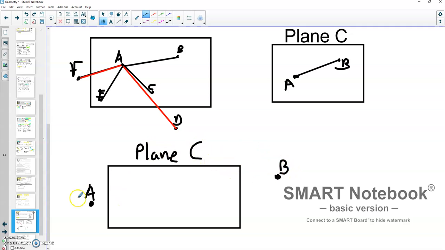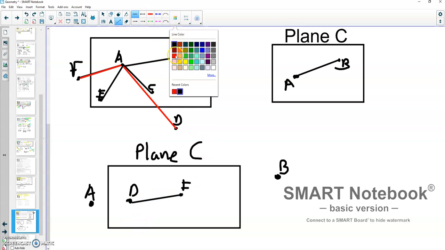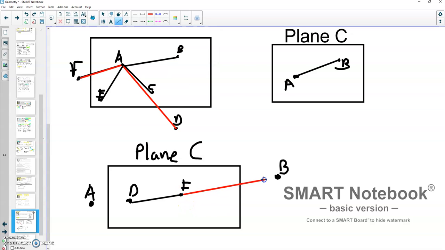No. So these points are not coplanar. Let's draw 2 points on the inside. D, F. Are these 2 points coplanar? Yeah, because if I drew a line inside, it would work. If I try to draw a line to B or to A, it doesn't work. It crosses the plane to go outside.